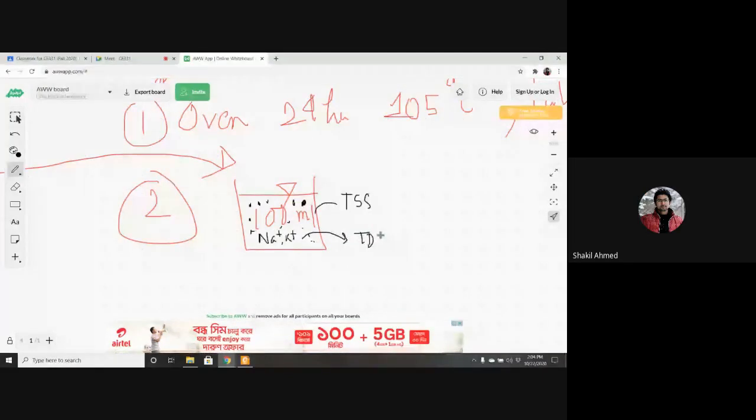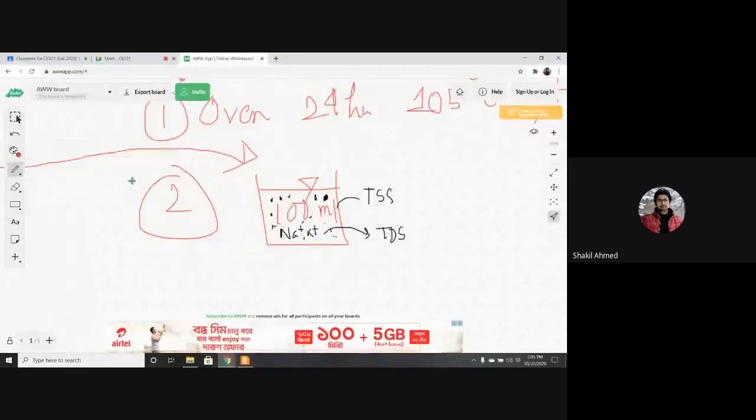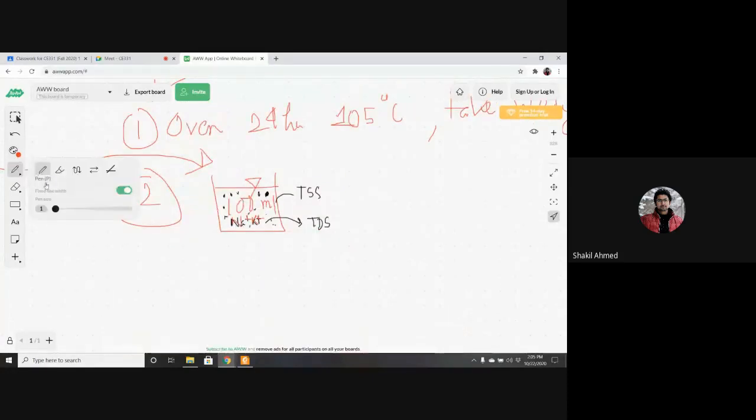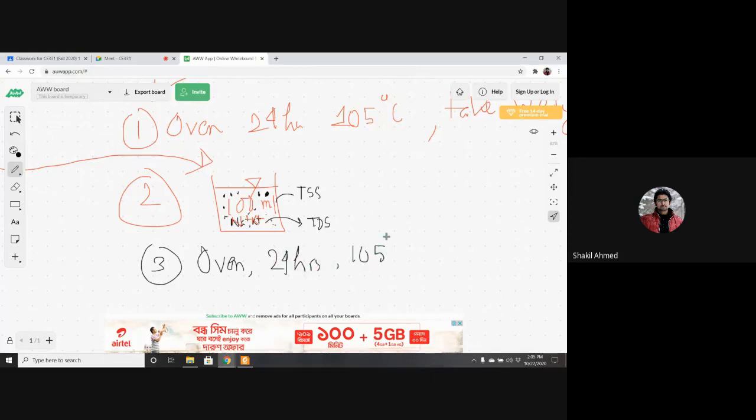Now let's put them in different colors. For example, sodium, potassium is red color and the black one is the TSS. Okay. Now what you do, you put this in an oven again. Keep it for 24 hours at 105 degrees Celsius temperature.